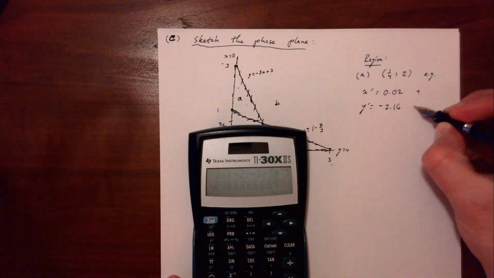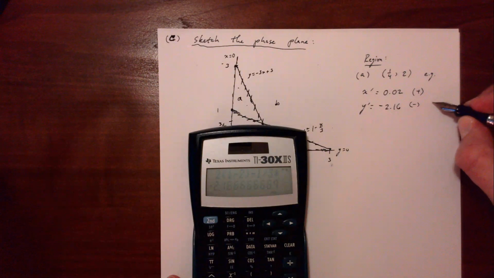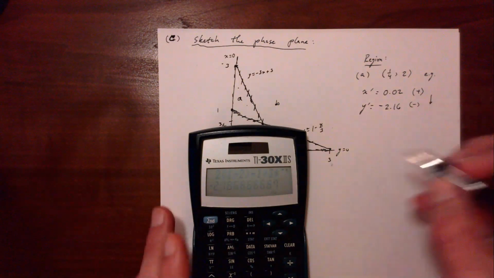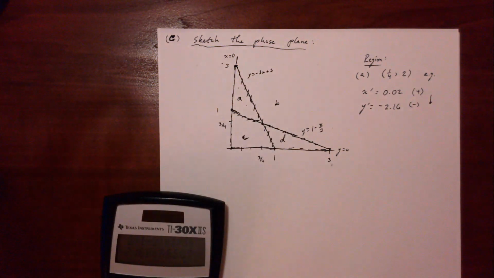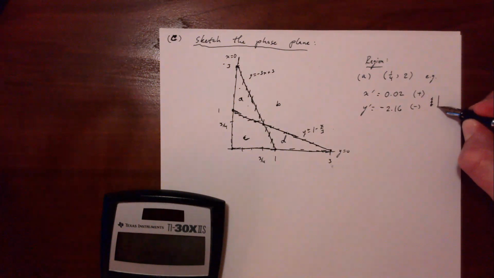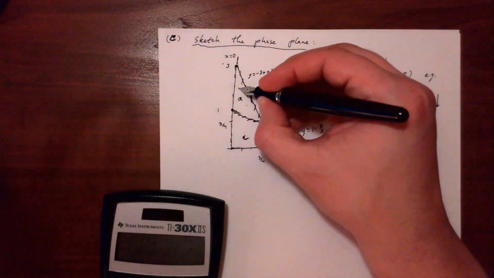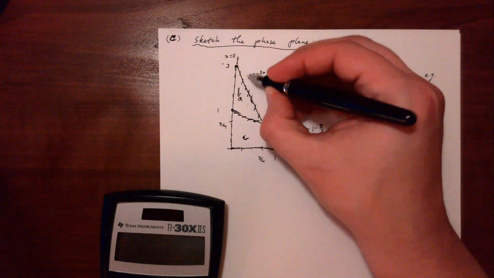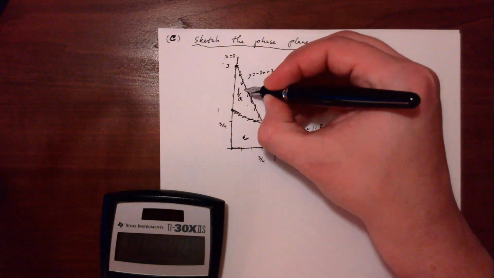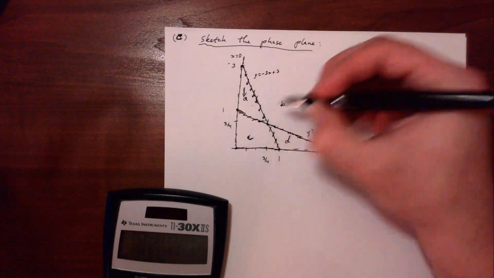This is positive, this is negative, and based on that, we are talking about something that is going pretty steeply down that way. Barely positive on the x, and highly negative on the y. So based on that, I'm going to speculate that these are going down.